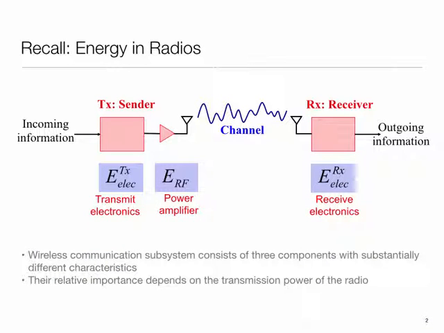You might recall the slide, which is that radios have three different places where power gets consumed. There is electronics on either side, so that's two, and then the actual amplifier on the sender. A point I had made was that the relative power consumption of these matters quite a bit.